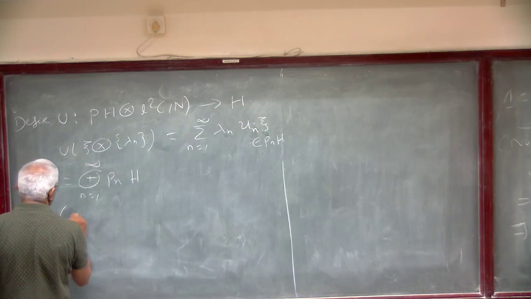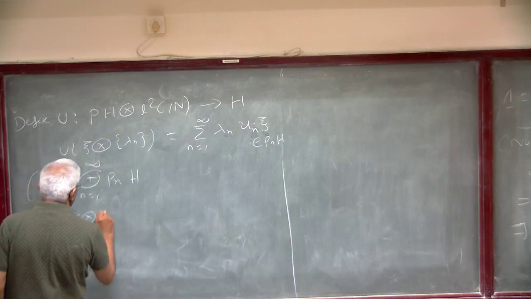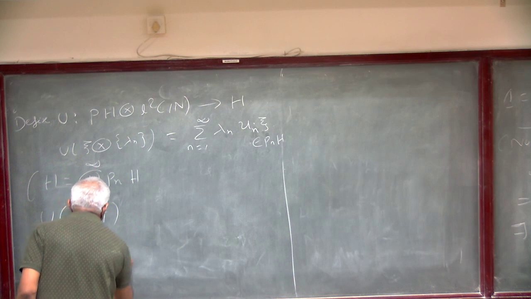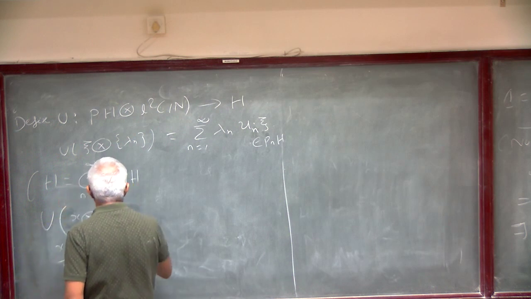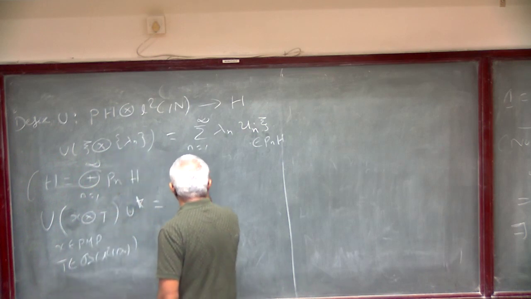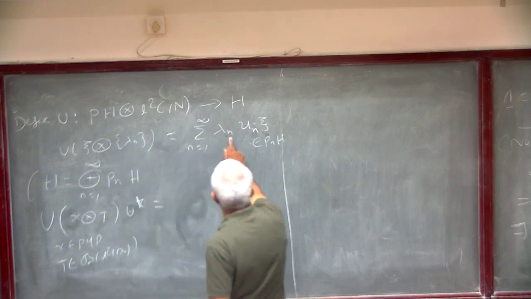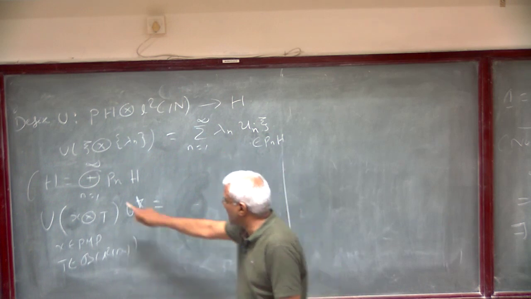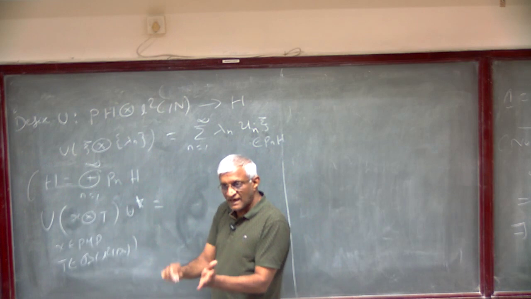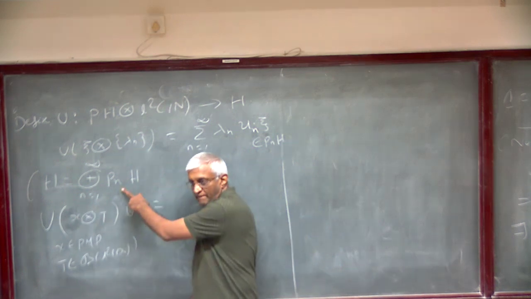any vector, any X tensor T, where X is in PMP and T is in V of L2M, U star will be equal to a summation. It is just, with respect to this, see this H is a direct sum of this. So H is like matrices containing operators on this, right?